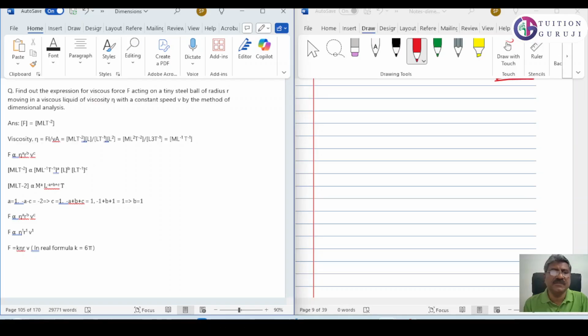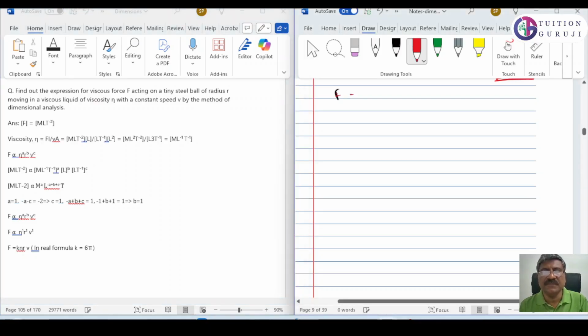Find out the viscous force acting on a tiny steel bar of radius R moving in a viscous liquid of viscosity eta with constant speed v by the method of dimensional analysis. So F is the viscous force, R is radius, viscosity is eta, and v is speed.